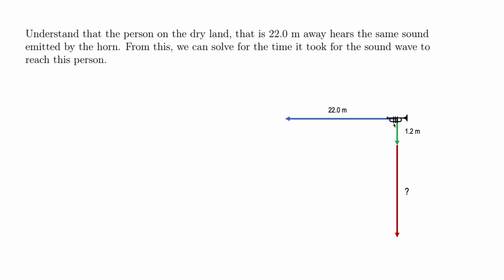Now understand that the person on the dry land that is 22 meters away hears the same sound emitted by the horn. So from this, you can solve for the time it took for the sound wave to reach this person. The horn is emitting the sound, and the person 22 meters away hears it, and from there we can solve for the time it took for the sound wave to be heard by that person.